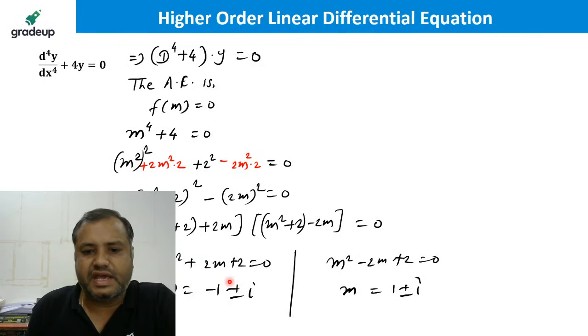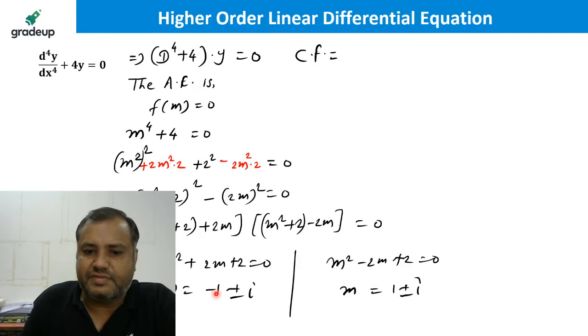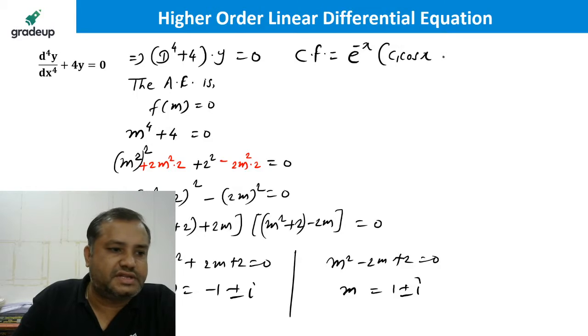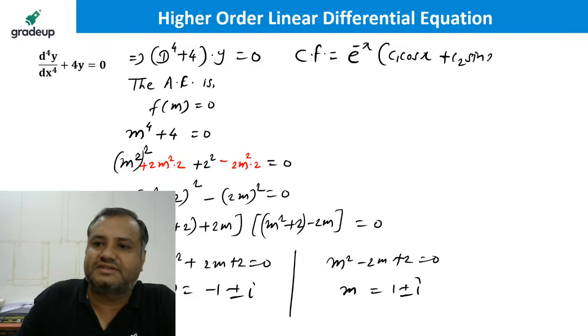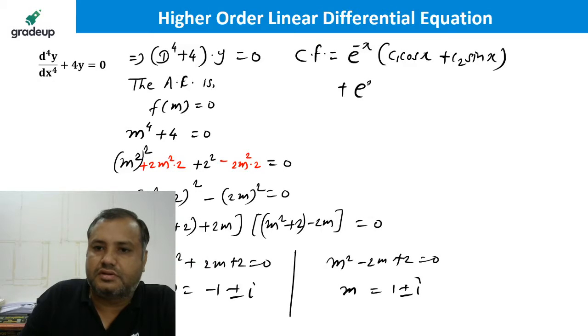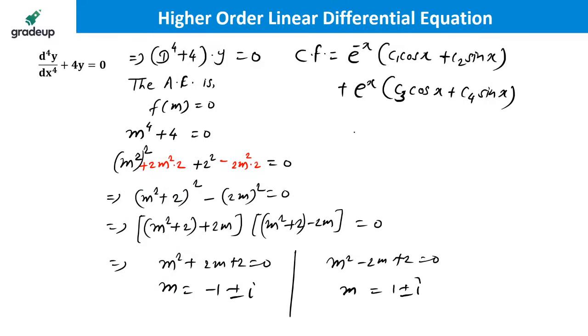So you will be applying case 3 for this and for this. So CF will be, alpha is minus 1, beta is 1. So e raised to alpha x, C1 cos beta x, C2 sin beta x, plus same root for this one, e raised to x, C3 cos x plus C4 sin x.